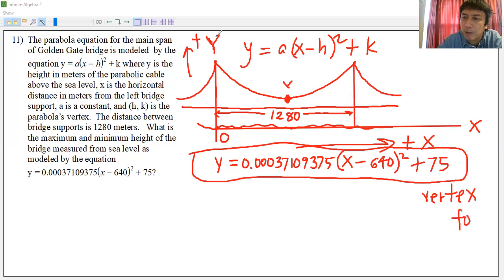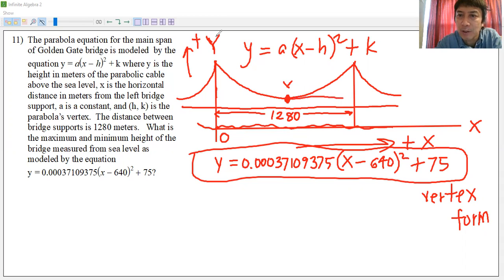So that means it shows the equation, it shows the vertex. And you can see the 640, that's the h. And the 75, that is the minimum height from the sea level. So where is that 75?